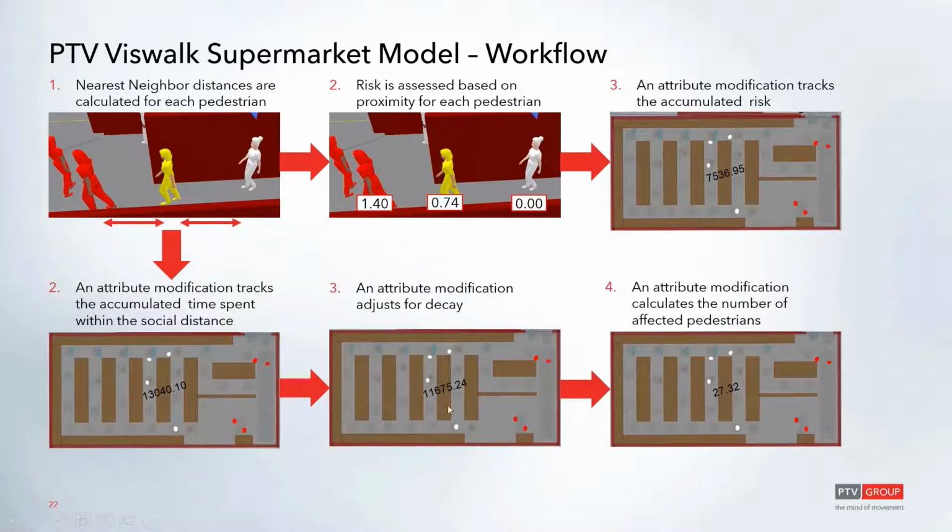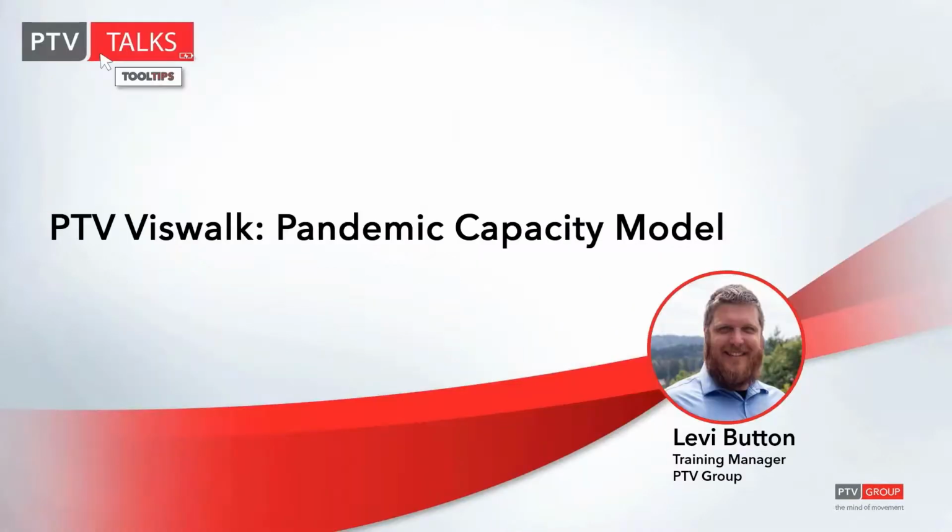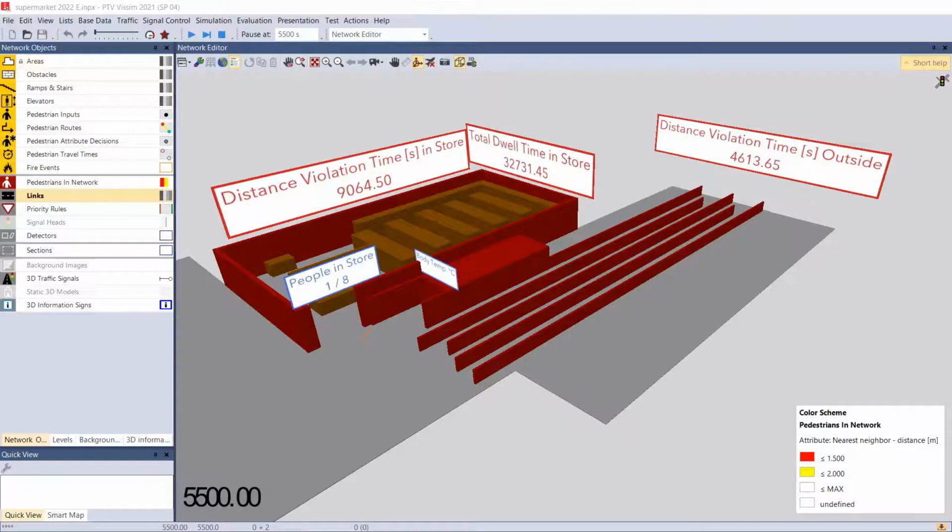And then we can apply a decaying factor, and then we can look at the total number of pedestrians that were affected within the store, in terms of the total number of pedestrians that would have been within that nearest neighbor distance, with a little bit of decay applied to it. So those are the two main workflows that we're going to look at. So now we're going to actually jump into the Viswalk model.